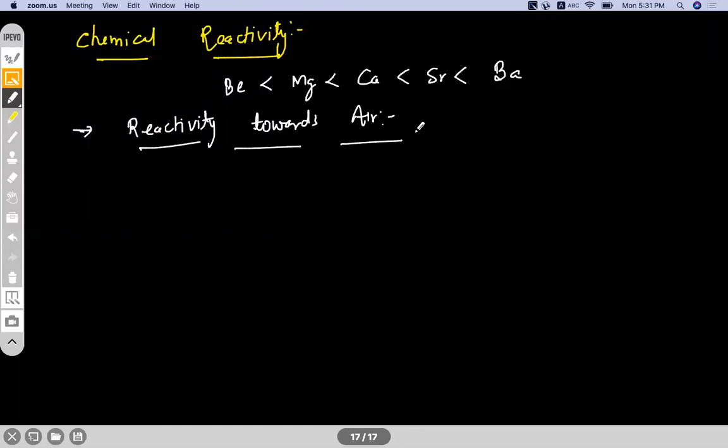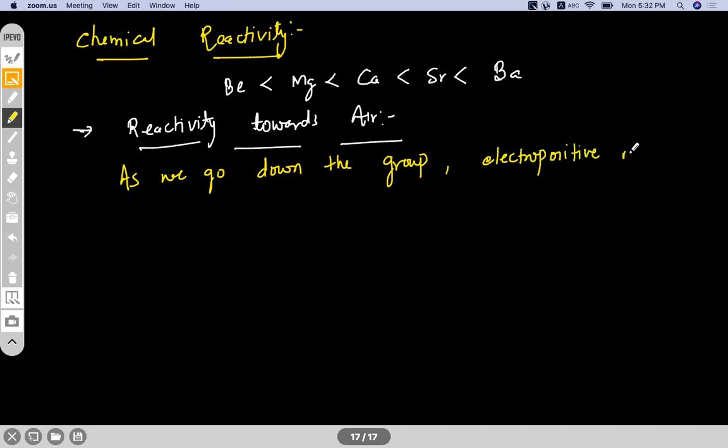Write down, due to increase in electropositive nature, as we go down the group, the electropositive nature increases, and hence reactivity towards oxygen also increases.